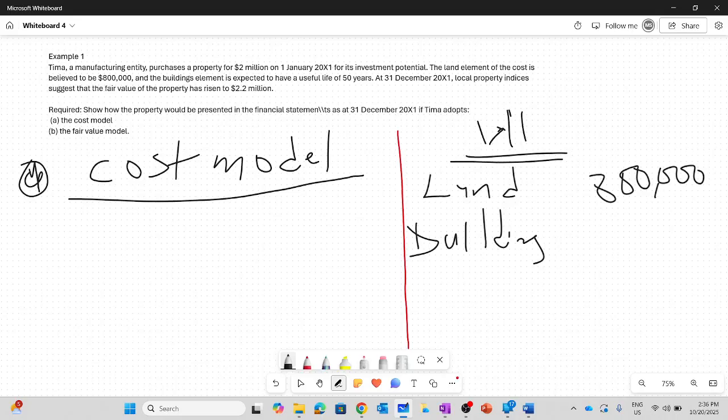Now, the building, we are going to depreciate. The expected useful life of the building is 50 years, so we are going to depreciate the building over 50 years. So we calculate our depreciation.